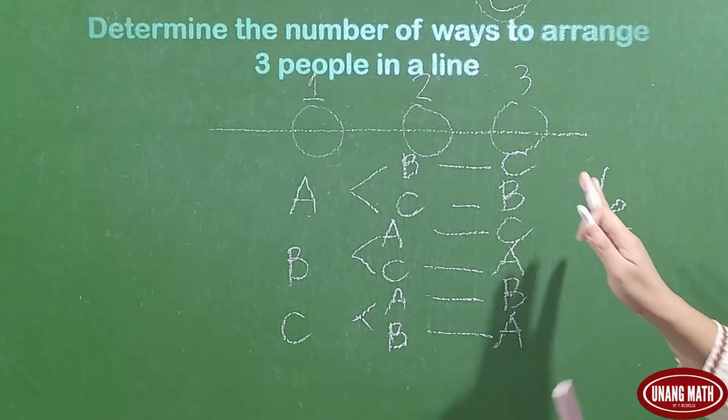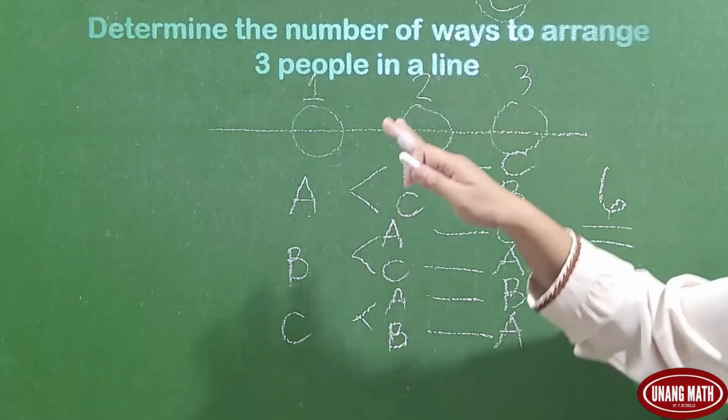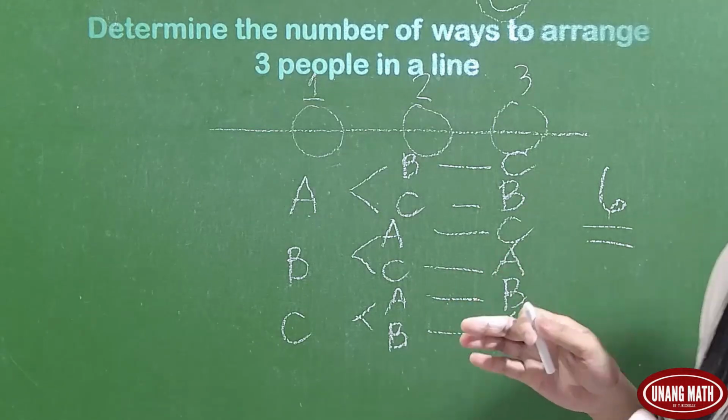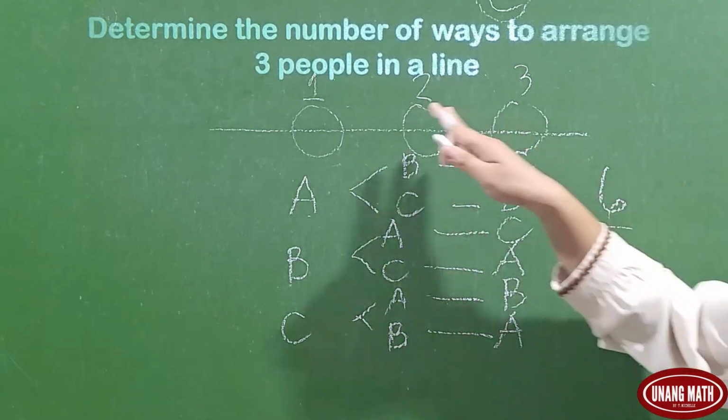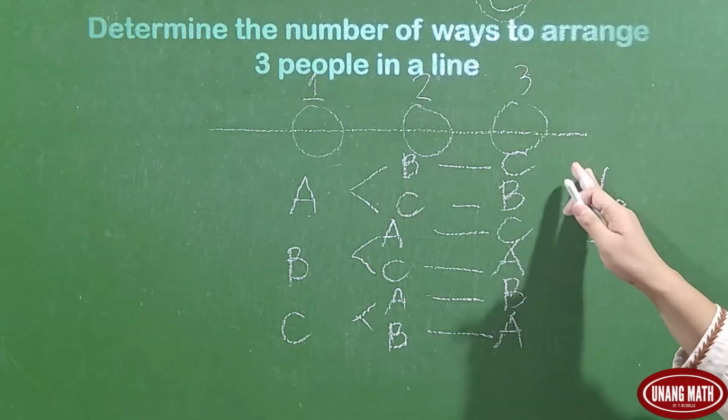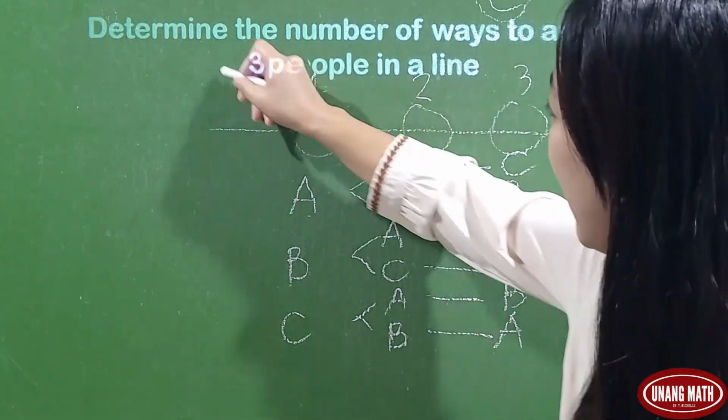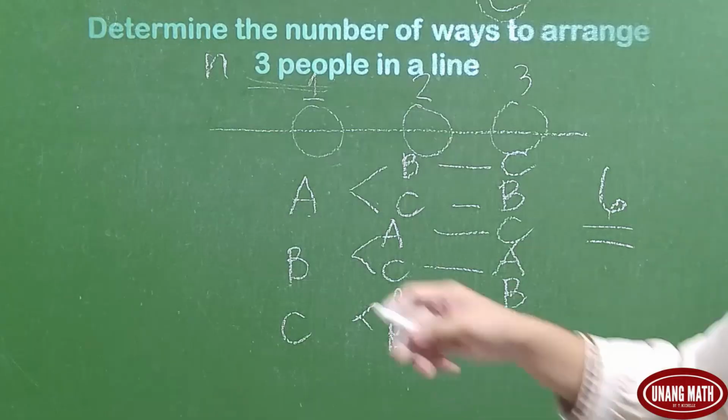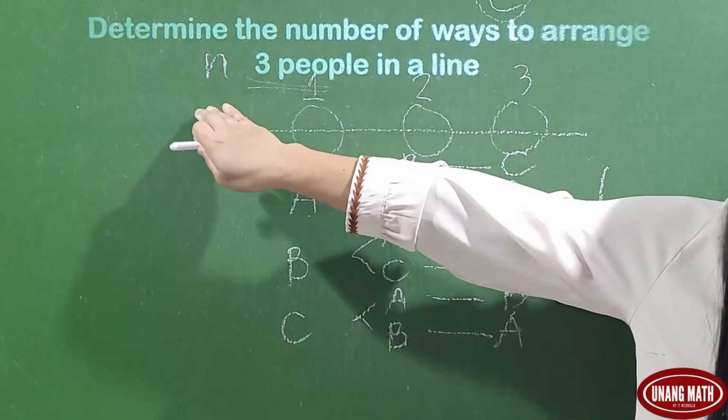Now, let's think of a formula from this illustration. Let's say the 3 people here is n.